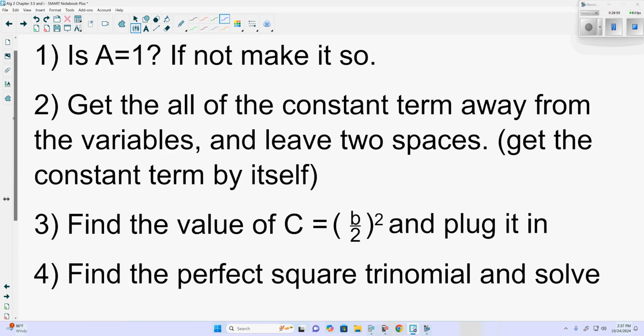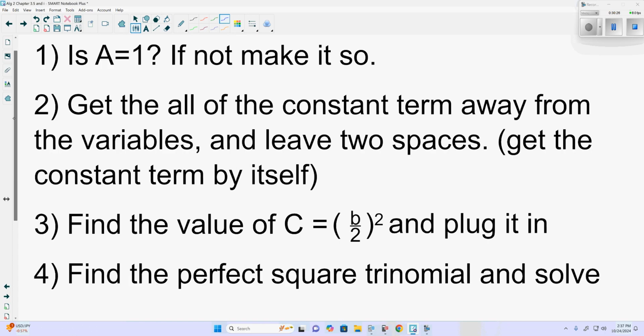I need to add those into the note sheets, but. So the first step is a equal to 1. If not, make it so. Our second step, get all the constant terms away from the variables and leave two spaces.